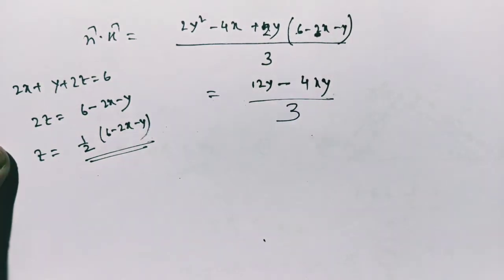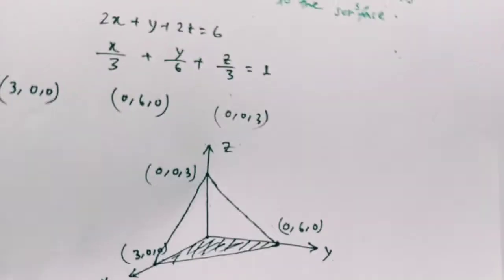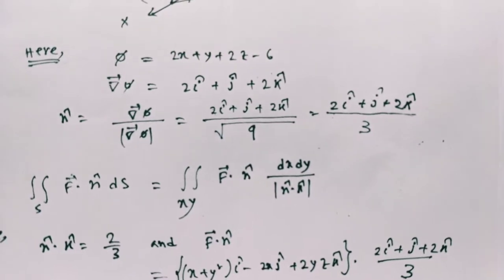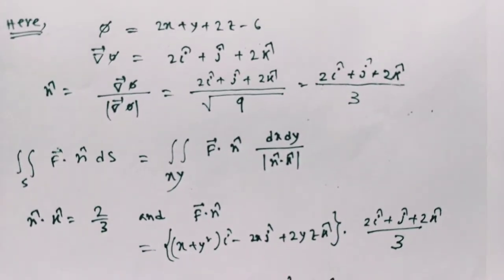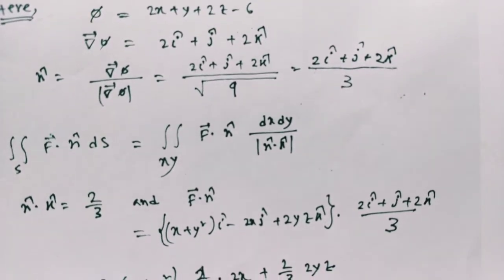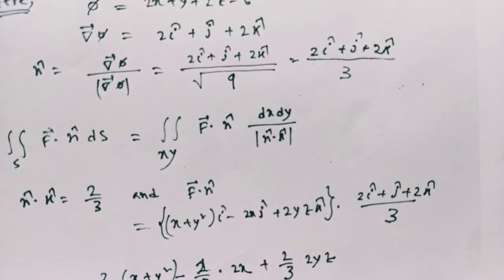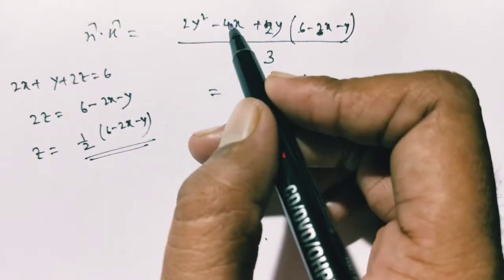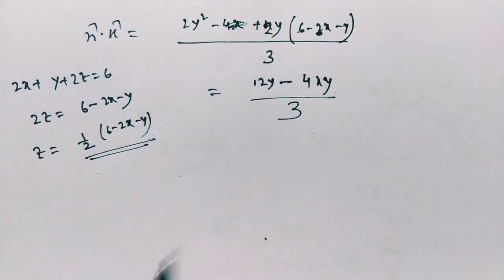Okay, sorry, there is one mistake over here. Here this will be 1/3, so it will be only 2x, and here will be minus 2x, and the 2x will cancel out, and this 4x will not be there in the expression. Then I think it is right.